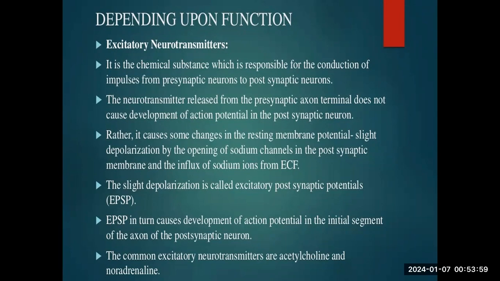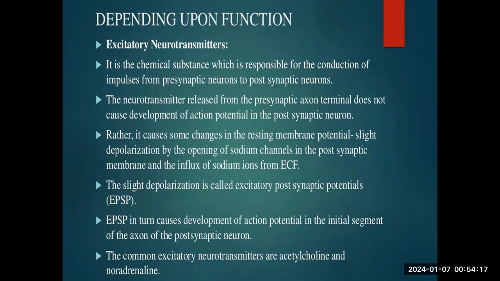Rather, it causes some changes in the resting membrane potential, a slight depolarization by the opening of sodium channels in the postsynaptic membrane, and the influx of sodium ions from the extracellular fluid.